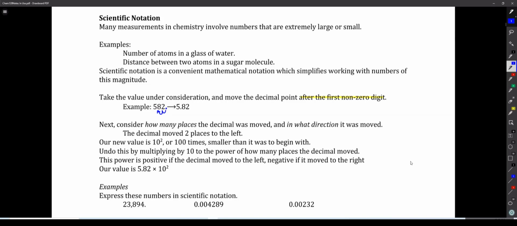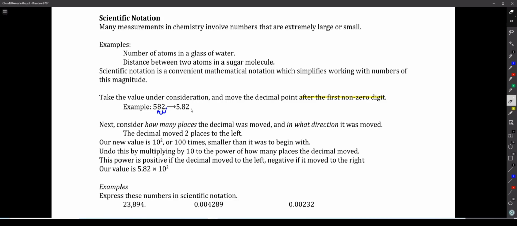Now you agree 582 and 5.82, are they equal or not equal? Not equal, they're definitely not equal. So that's only the first step. Whenever you move the decimal to the left, what are you doing? That's really important. Every time you move the decimal to the left, you're making a number 10 times larger or smaller?